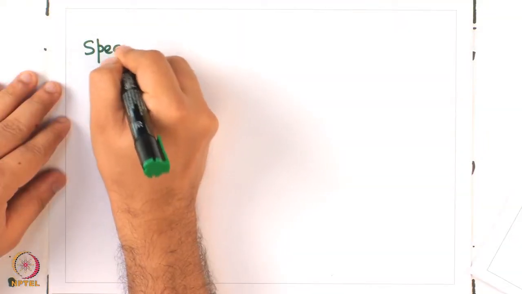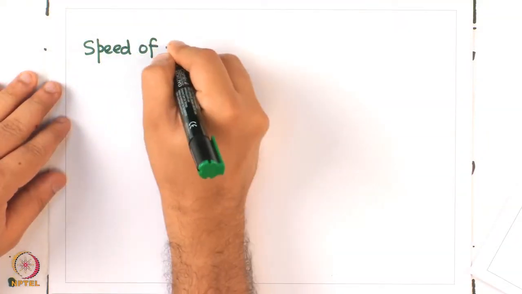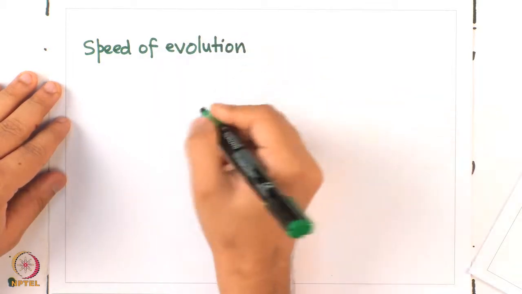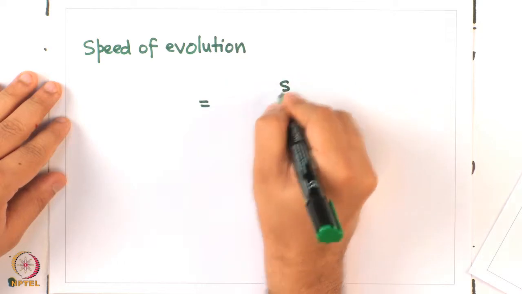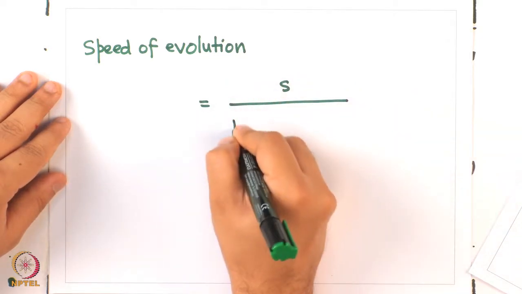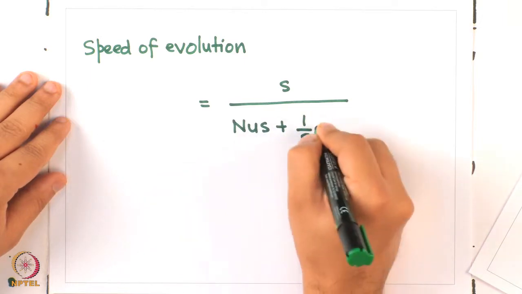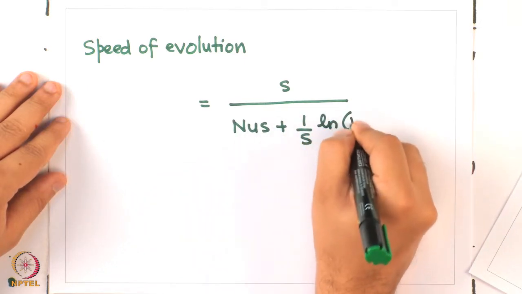So, the speed of evolution can be written as S divided by NUS plus 1 upon S ln of NS.